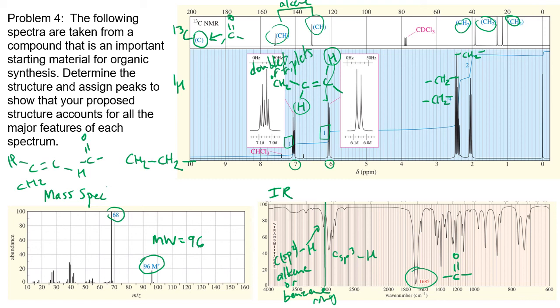So we know we have 1, 2, 3, 4, 5, 6 carbons. We know we have 1, 2, 3, 4, 5, 6, 7, 8 hydrogens. And right now we're seeing 1 oxygen.